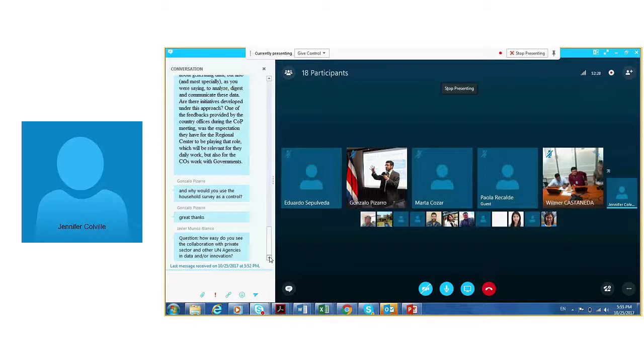We have partnerships with a number of private sectors. We've also, at a global level, I think we've signed an MOU or something with the GSMA to be able to help with providing access to telecom data, which is the lion's share of the big data that we've been looking at for these various initiatives.